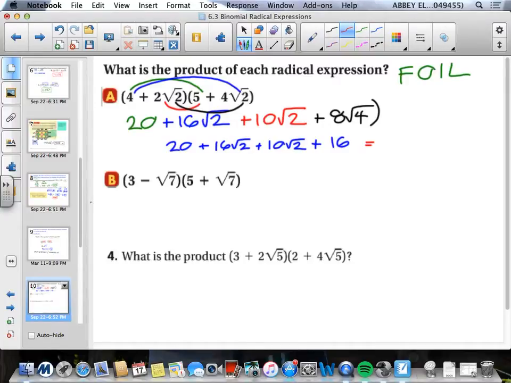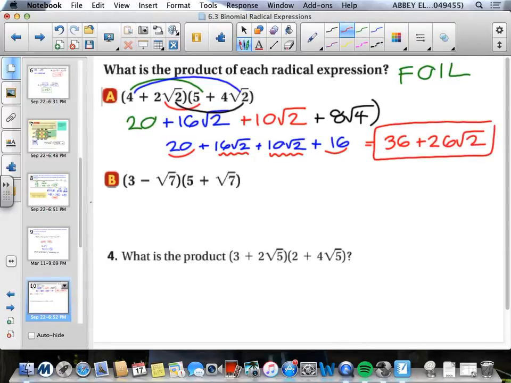So I can combine the 20 and the 16, which gives me 36. And I can combine the 16 square roots of 2 with the 10 square roots of 2 to get 26 square roots of 2. All you have to keep in mind here is that out without and the in within.